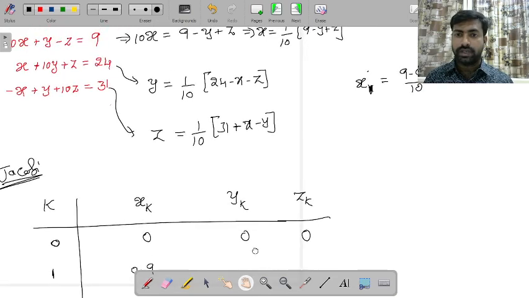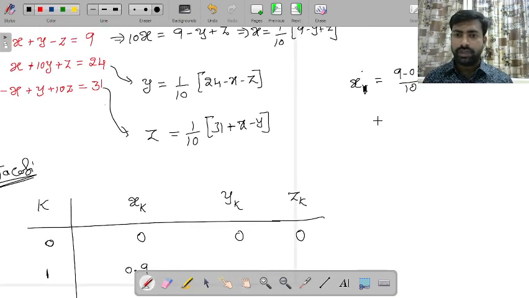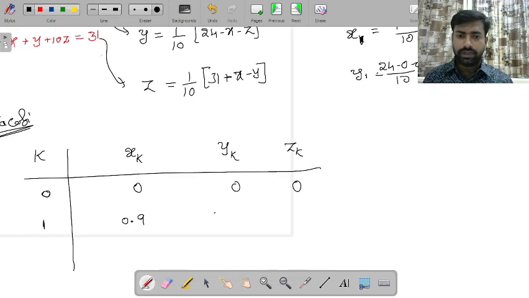Next, what is y1? y1 is 24 minus 0 minus 0, divided by 10, which is 2.4. Similarly, z1 is 3.1.